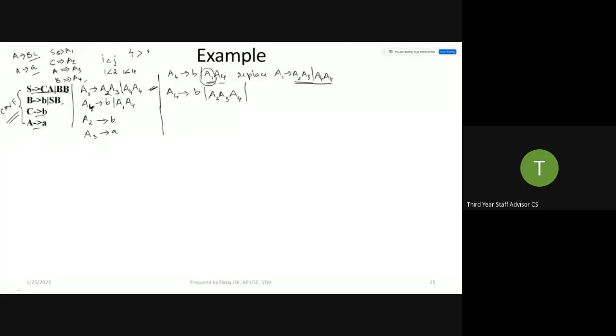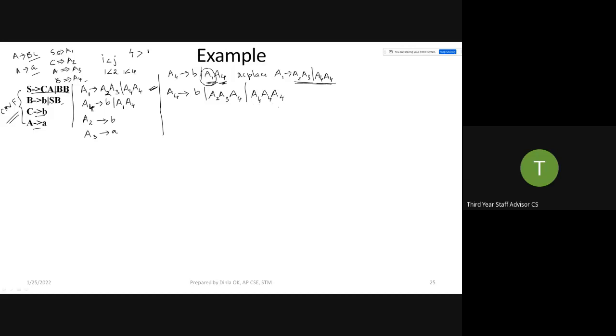Next we have the term A4 A4, where A1 is replaced with A4 A4. So we got A4 A4, and again we have an A4 here. So we got the production as A4 implies B, or A2 A3 A4, or A4 A4 A4.